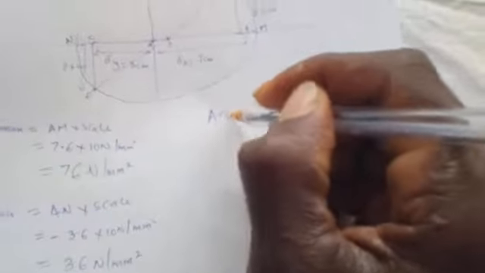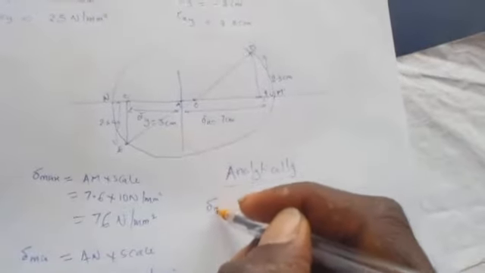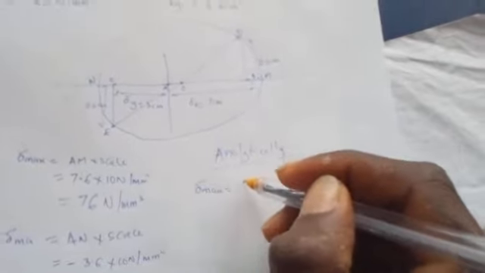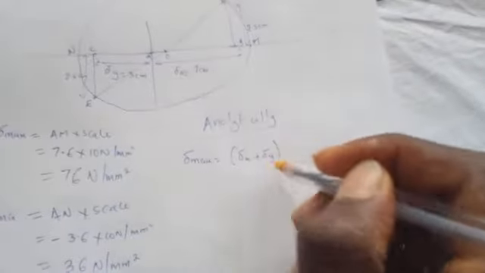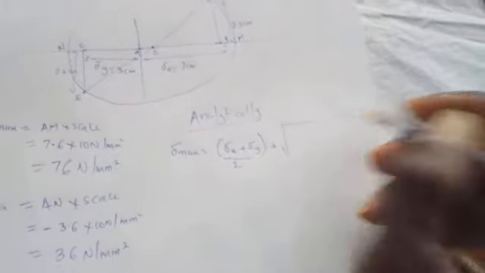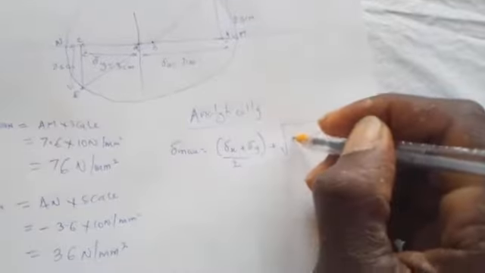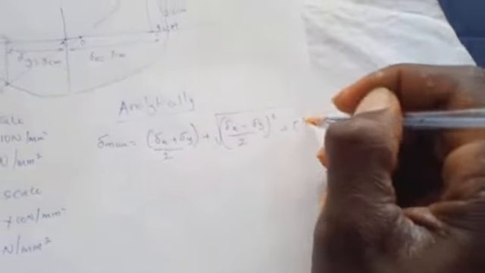Now, verifying analytically, you already know that your maximum principal stress is sigma x plus sigma y divided by 2, plus the square root of (sigma x minus sigma y over 2) all squared, plus tau squared.